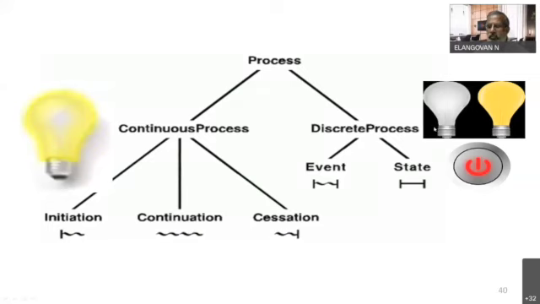Discrete means either it is present or it is not present. But continuous is, it is present but at a different level. So the output of a theory can be saying that it is there or it is not there.